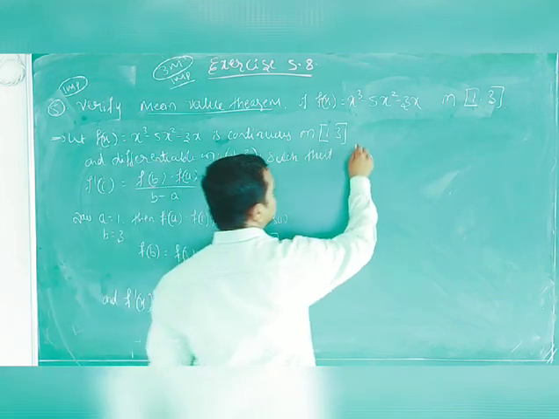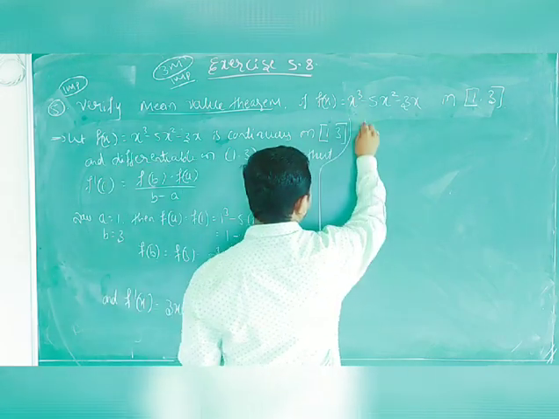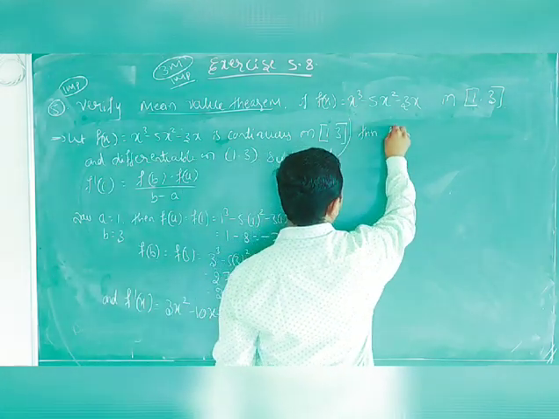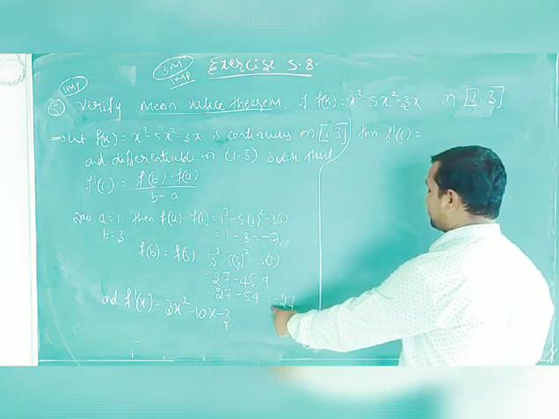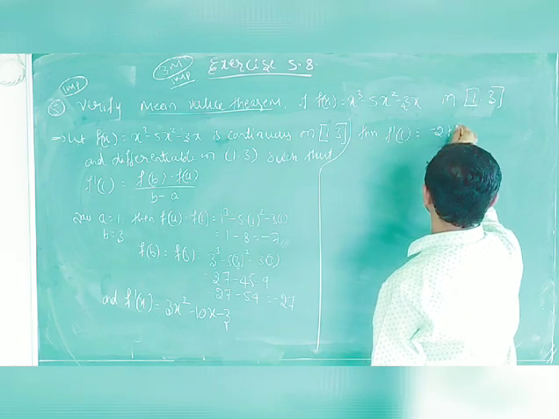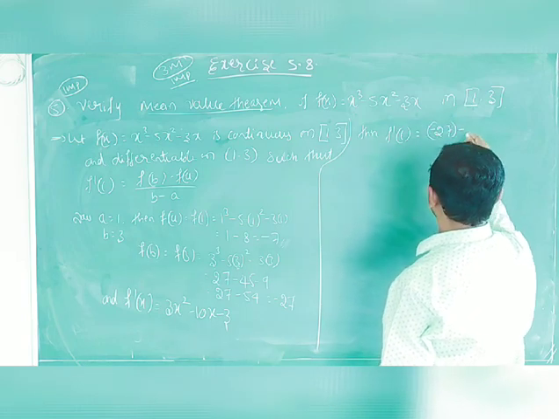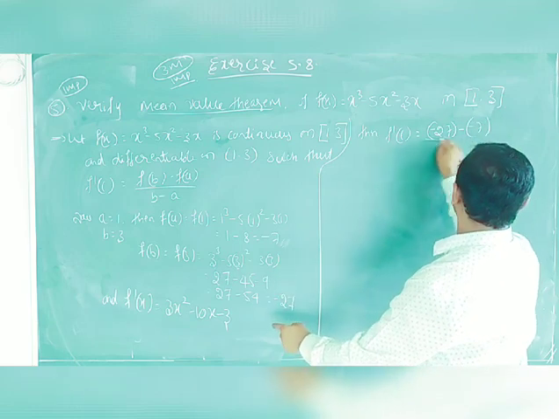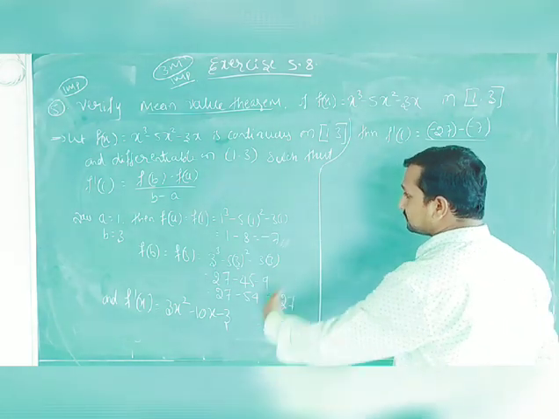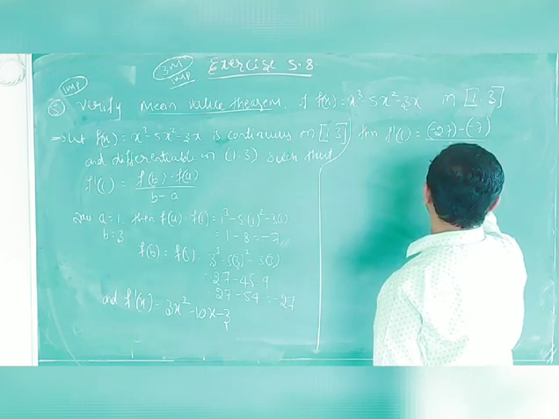Okay, then f dash of c equal to f of b minus f of a divided by b minus a. The value of f of b is minus 27, minus f of a which is minus 7, whole divided by 3 minus 1.